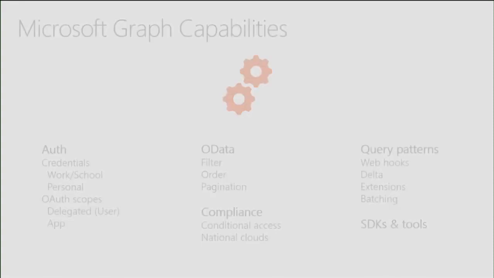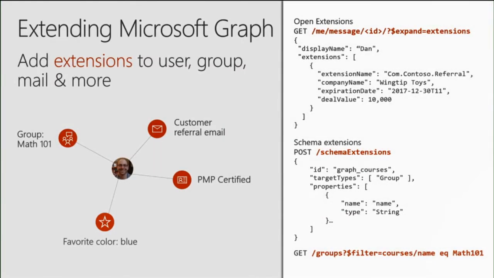So I'm going to go into some of these capabilities. The first one I'm going to talk about is extensions. Extensions allow you, as the app developer, to add your own custom app data to entity types or resource types that already exist within Microsoft Graph. I can, for example, extend the user entity with additional app properties, which may be profile data relevant to my application.